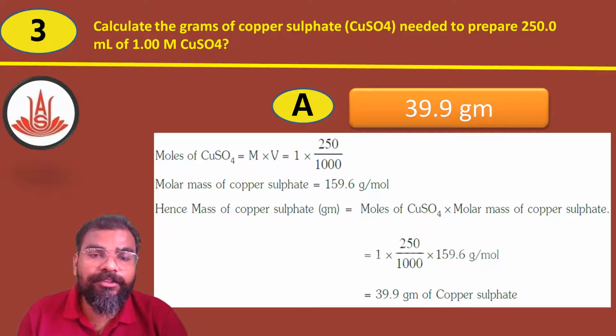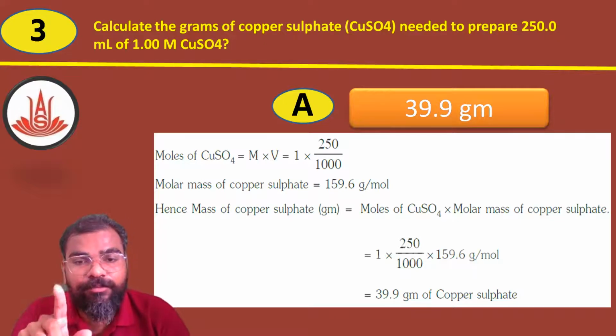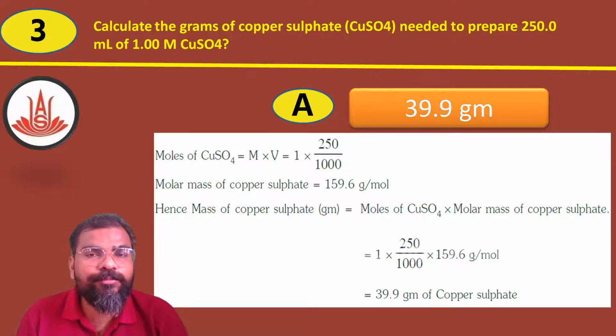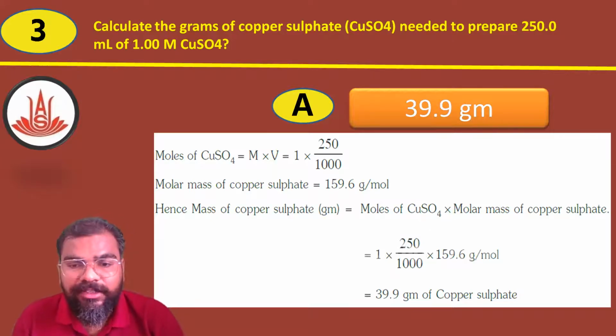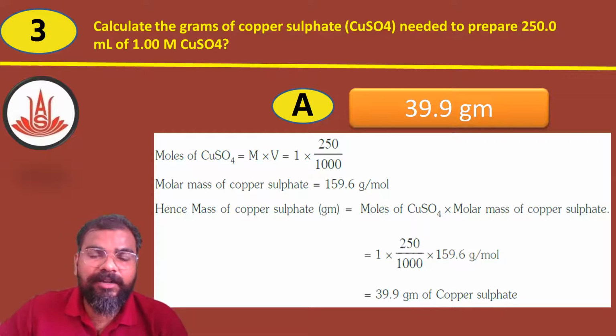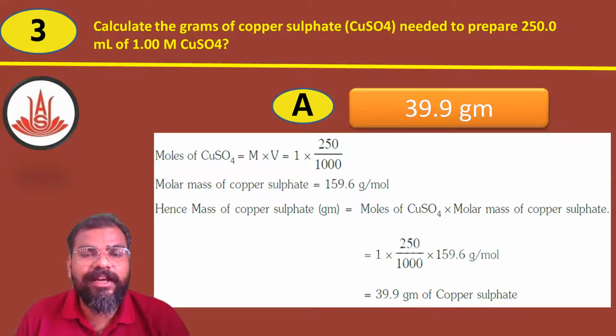So moles of copper sulfate we have as 1 multiplied by 250 upon 1000, and the molar mass is 159.6 or 160. If you simplify this, 1 multiplied by 250 is 250 only, multiplied by 160, and whatever the answer is, divide by 1000. So it would be 39.9 gram. That is, option A is the correct answer for question number 3.